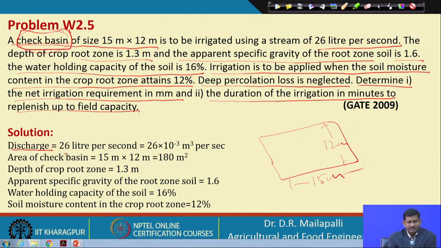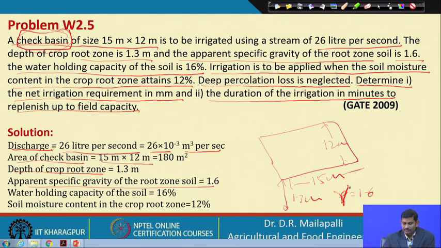The discharge is 26 liter per second, which you convert into meter cube per second, and the area of check basin is 15 by 12, depth of crop root zone is 1.3 meter, and apparent specific gravity, that is gamma, is given as 1.6. It is apparent specific gravity, not bulk density.